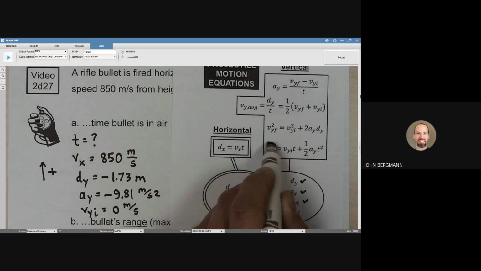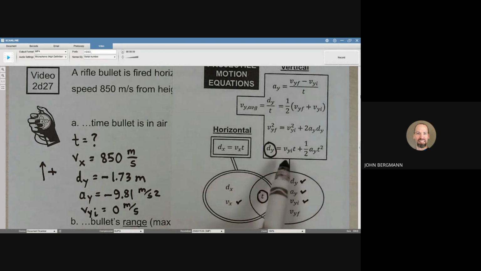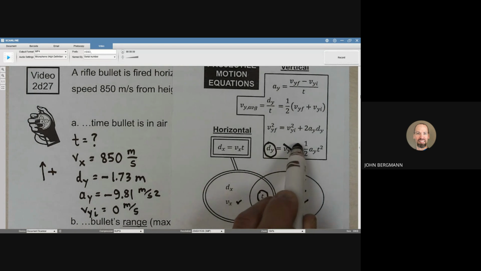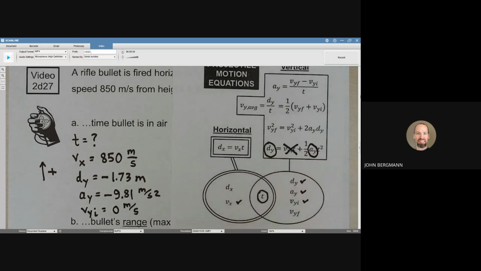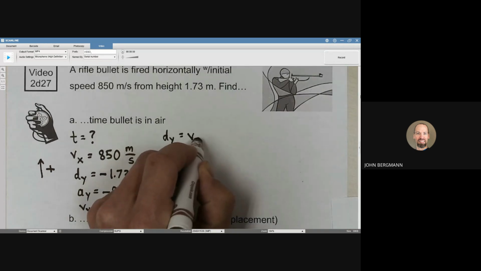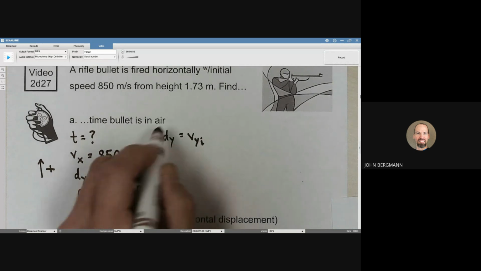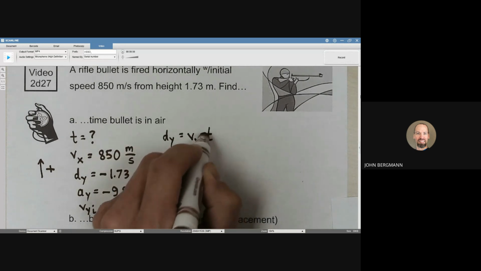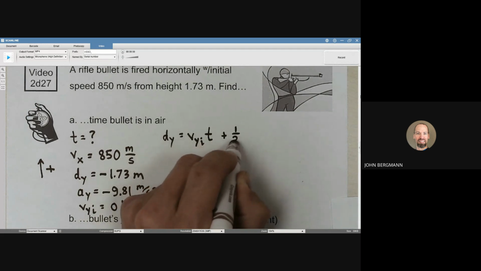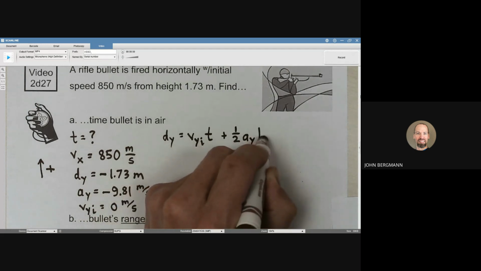We know dy. Vy initial is 0, so essentially that's going to disappear. We know what ay is, and we can find time. So let's use that equation. dy is equal to Vy initial times time plus 1/2 ay time squared.